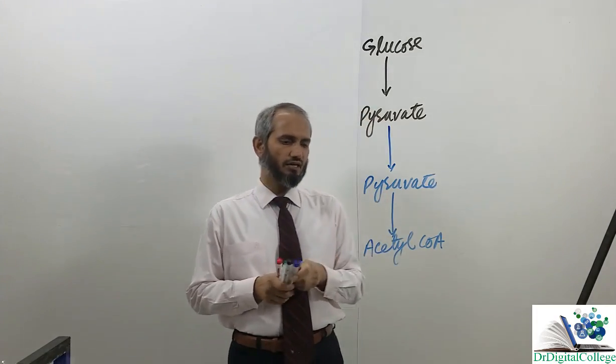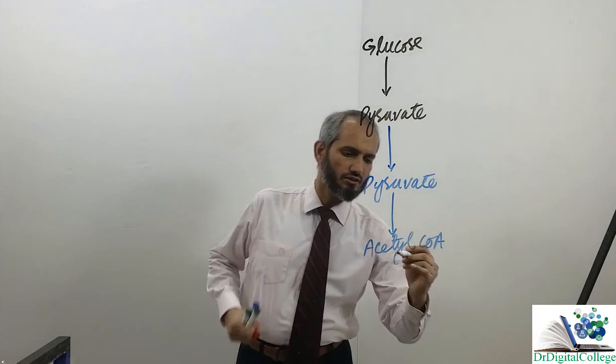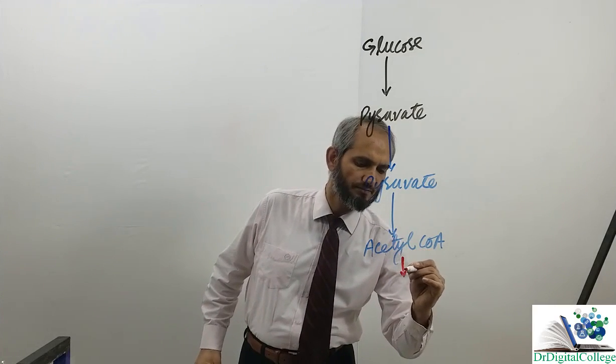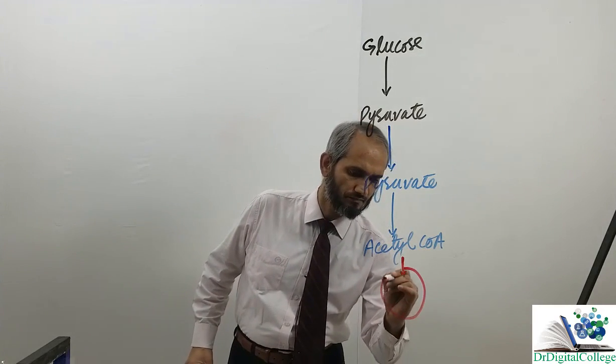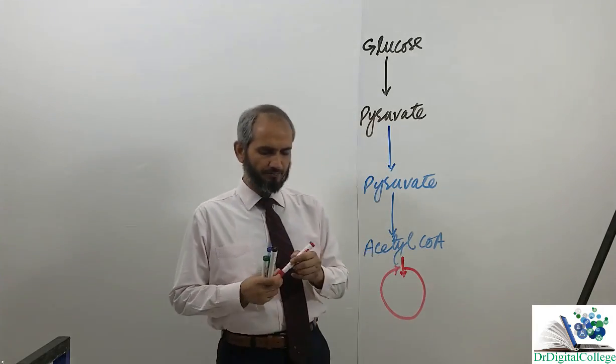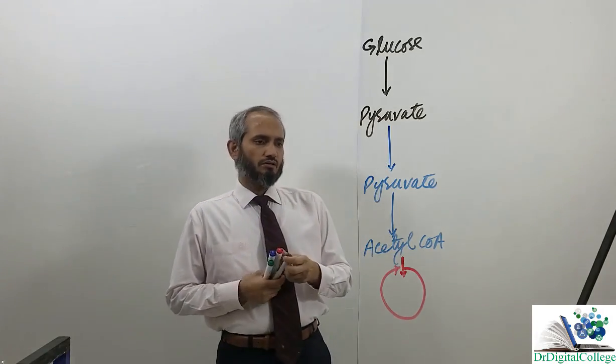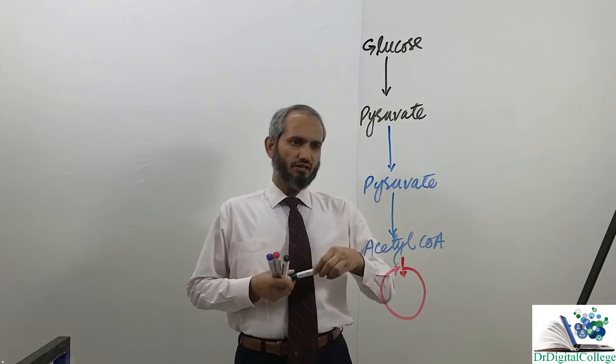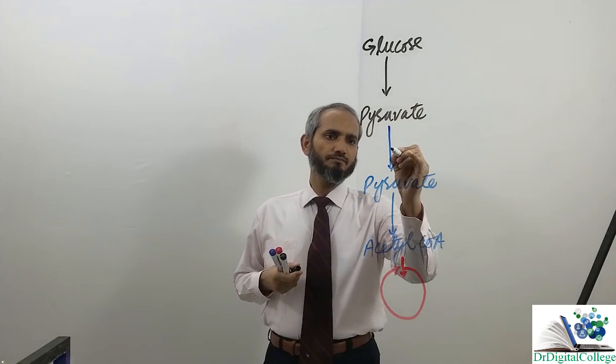And then acetyl coenzyme A enters into the Krebs cycle. Okay, and this process is occurring in the mitochondria.